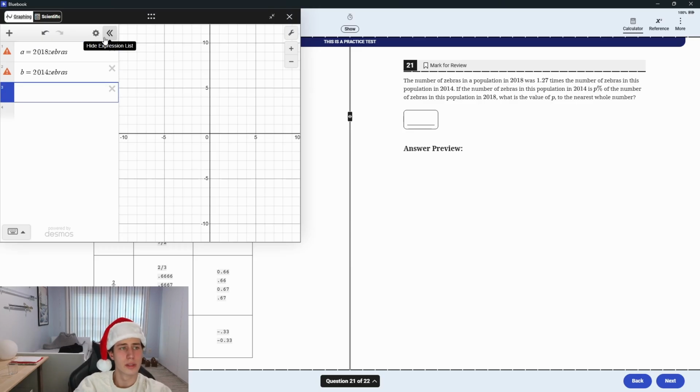In this, we're going to use a regression because it's by far the easiest way to do this. The number of zebras in a population. So in 2018, it is 1.27 A. Or sorry, 1.27 B.